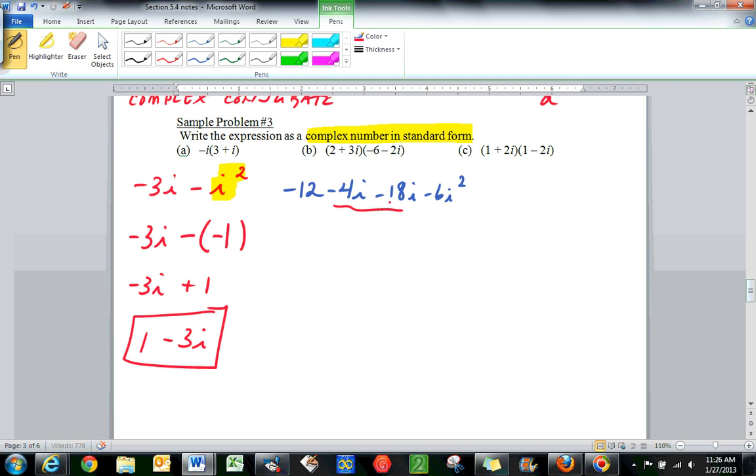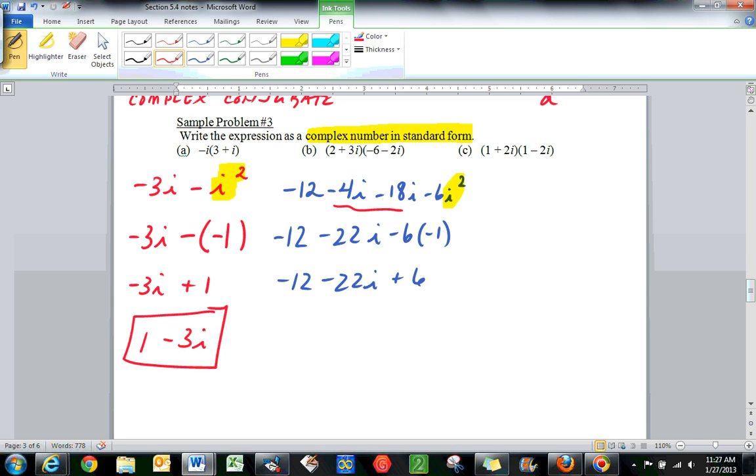We need to combine like terms. So we're going to get -12 minus 22i, and then of course i squared is going to become a -1, and of course we're going to use our parentheses for that, leaving us -12 minus 22i plus 6.